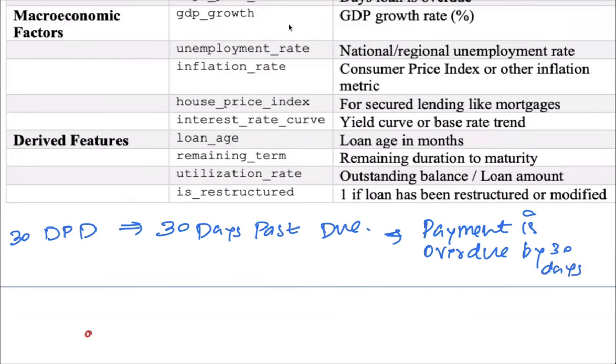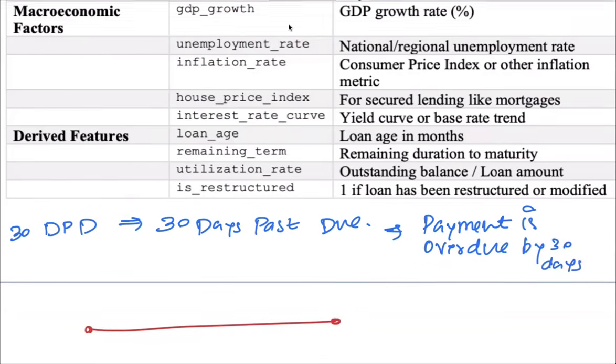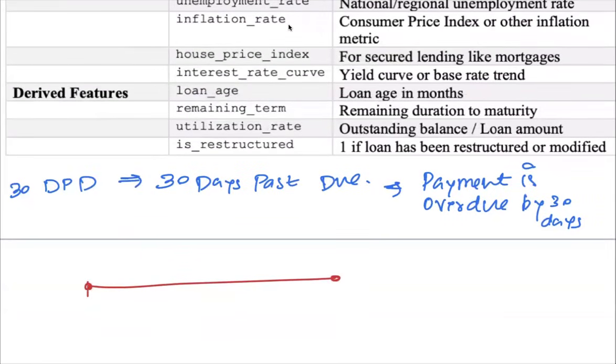So what generally happens is you have these terms used: 0 DPD, 30 DPD, 60 DPD, 90 plus DPD.